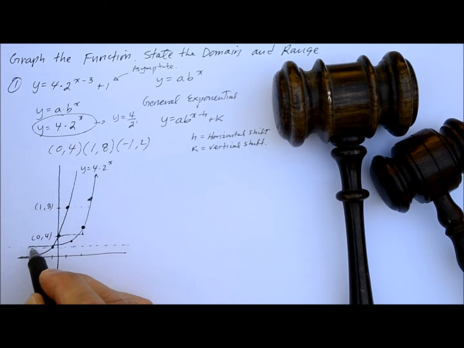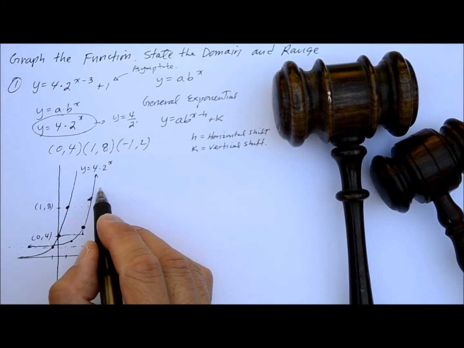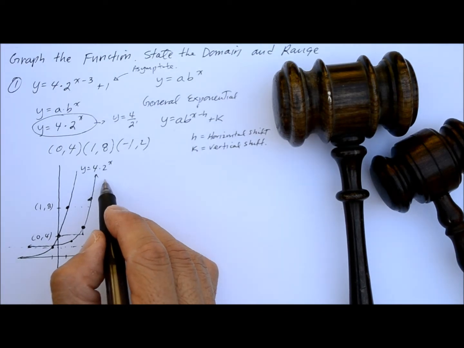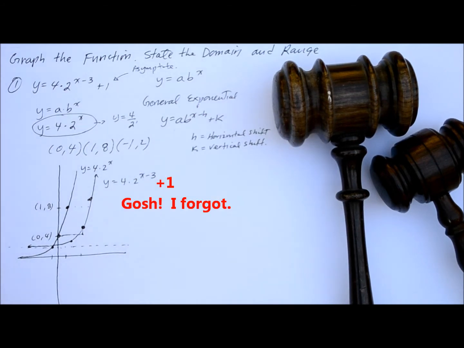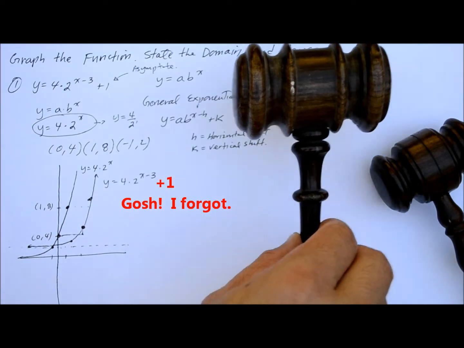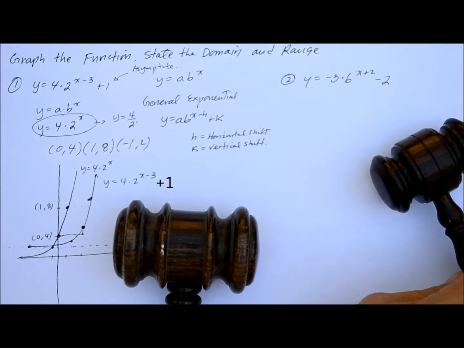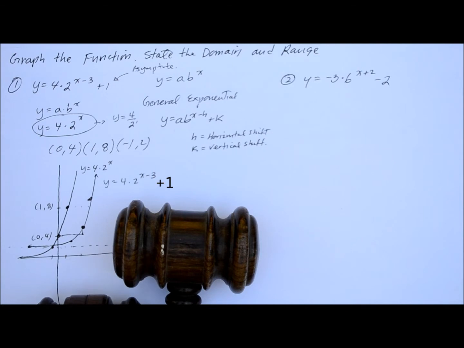I missed it, but you got the idea. And this new line represents the general exponential function y is equal to 4 times 2 raised to x minus 3, plus 1. So you could try this one.